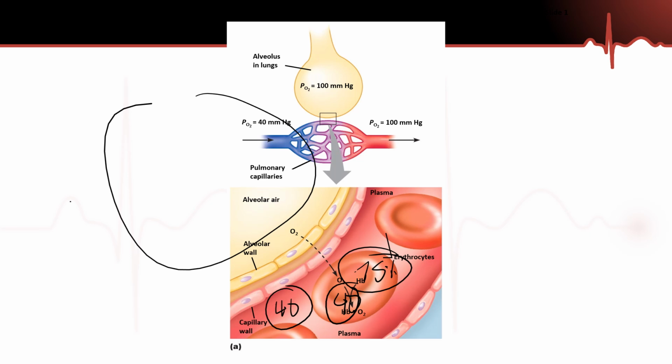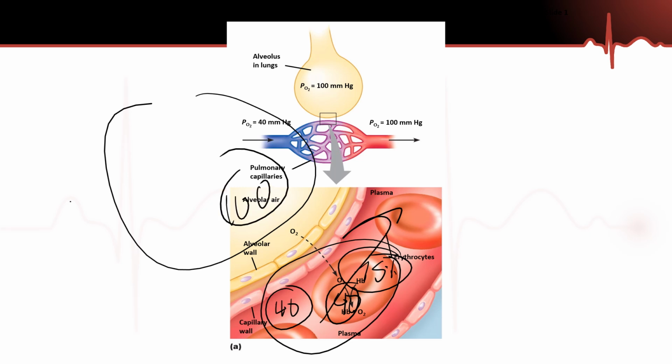And that same deoxygenated blood is going to go past our lungs, past our alveoli, where the partial pressure of oxygen within the air in the alveoli is 100. And that is going to allow for the reoxygenation of the blood, so that ultimately the partial pressure of oxygen within oxygenated blood will be 100 millimeters of mercury.